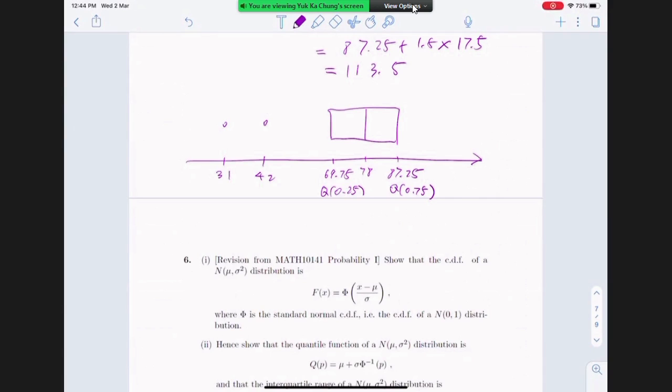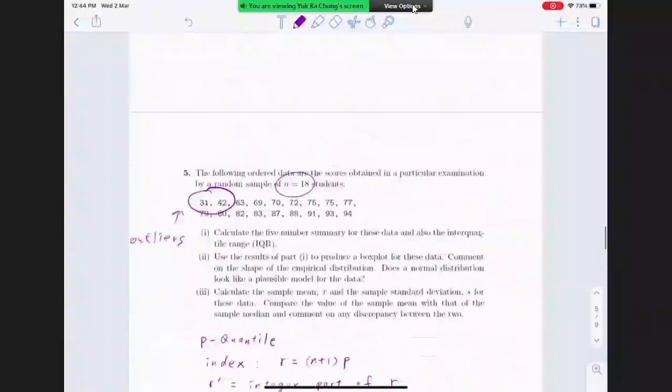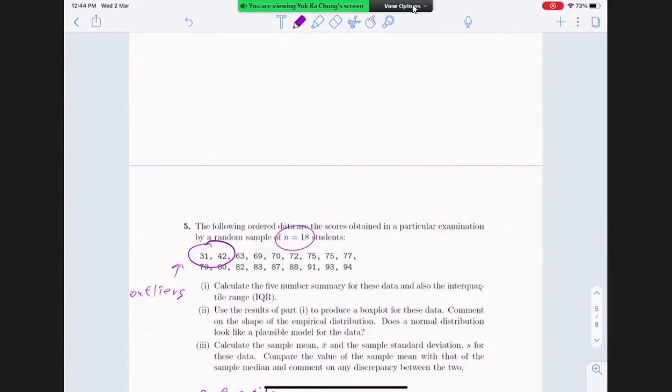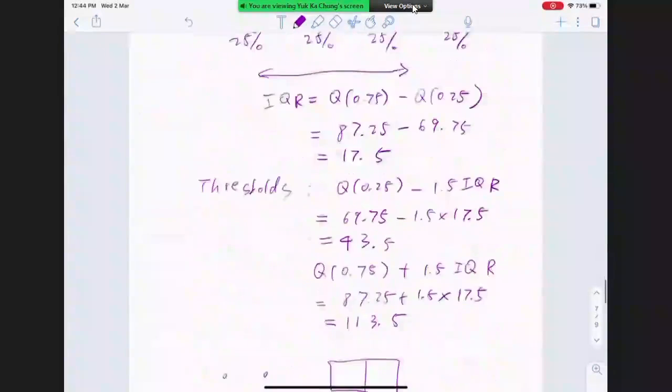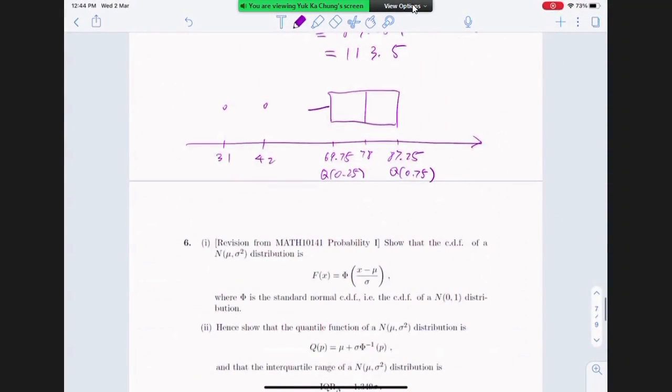So excluding the outliers, the minimum point that is not an outlier is 63, this one. And this is the maximum, also not regarded as an outlier. So we extend a line to 63 and extend this to 94. So this is how we sketch the box plot. Okay? Is there any question?